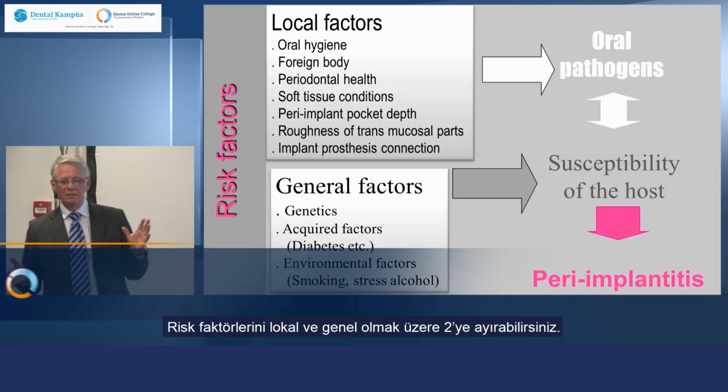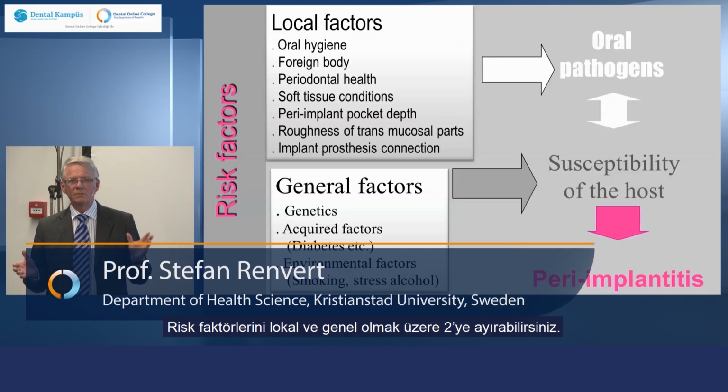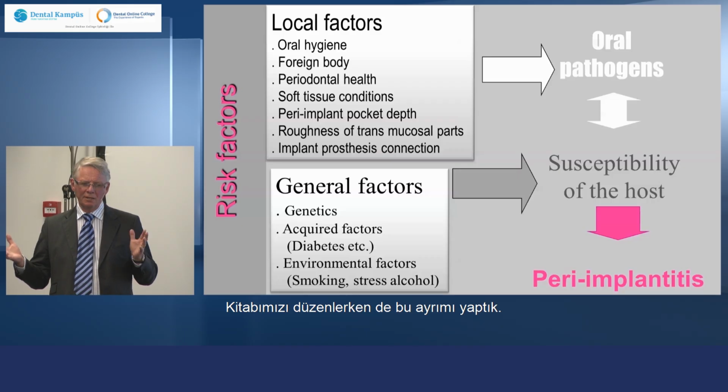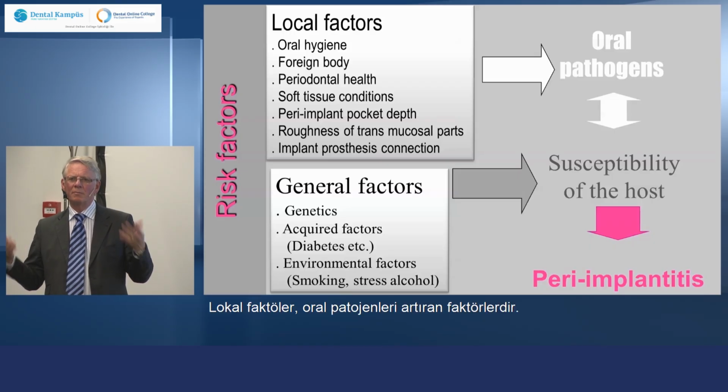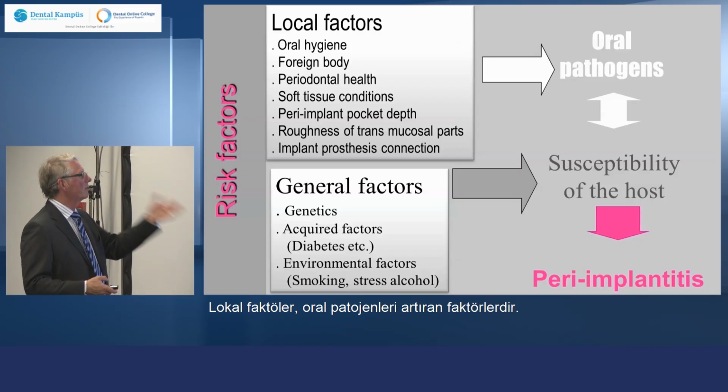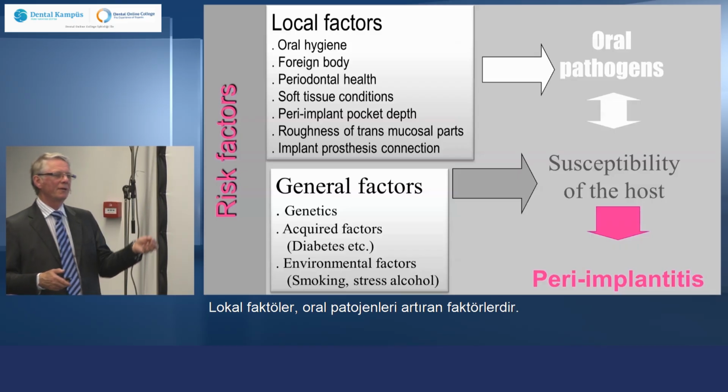You can divide the risk factors into local factors. And this is what we did when we tried to find a scheme of this in our book. Local factors are, in our mind, factors that really favor the oral pathogens in one way or the other.